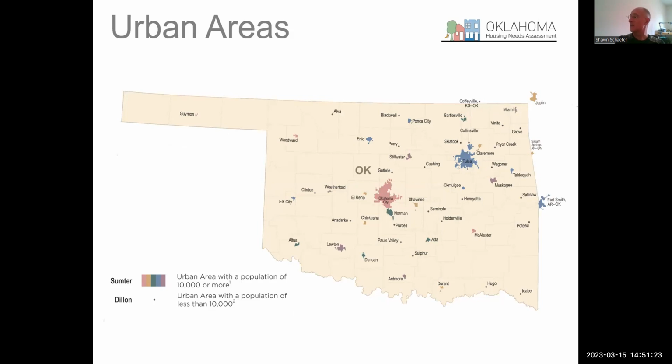So areas like Tulsa, Oklahoma City, Norman, Enid, Lawton, Fort Smith, Arkansas is on there, et cetera, right? You can see those are kind of irregular shape. Those have urbanized areas. If you're an urban area with less than 10,000, they just show it as a dot. So for instance, Guthrie or Idabel, or Henrietta, they're just shown as a dot.